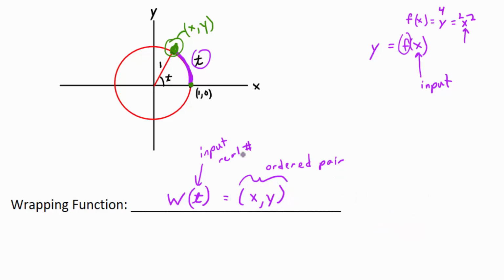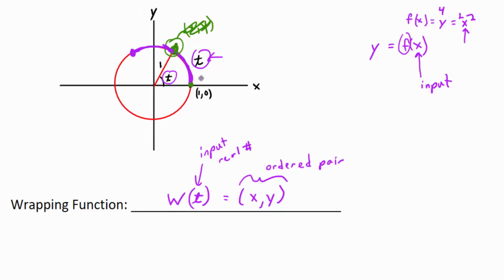So you input a real value t, which doesn't have to be considered an angle. It can just be considered a real number. And the output is at the end of the crust. So to draw another picture, if I made t a lot bigger, let me erase that, and let me extend this arc over to, say, this point in the second quadrant.